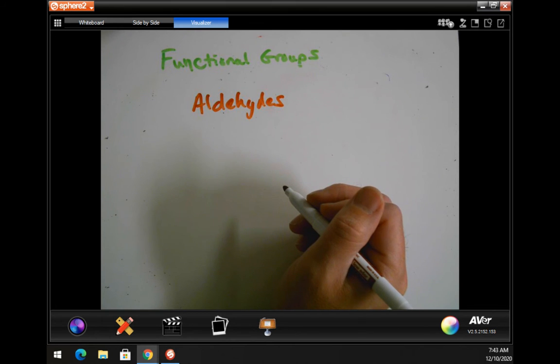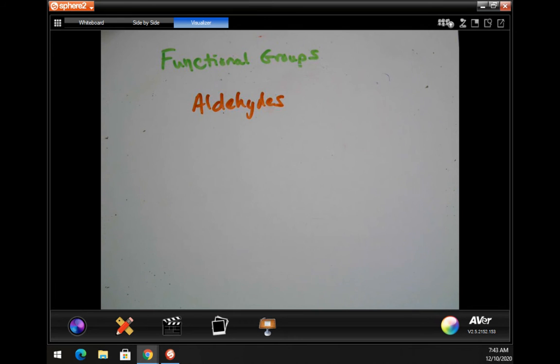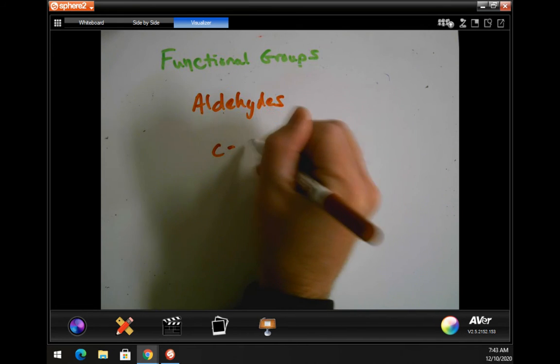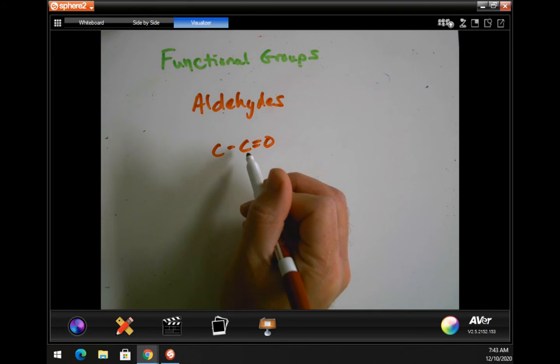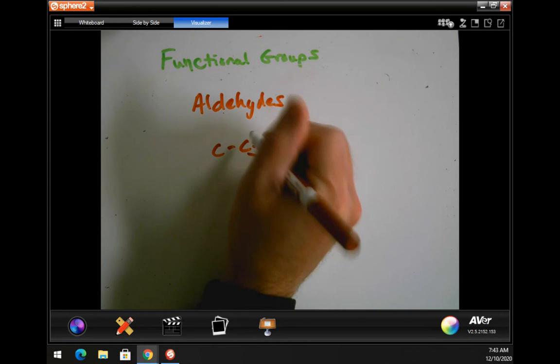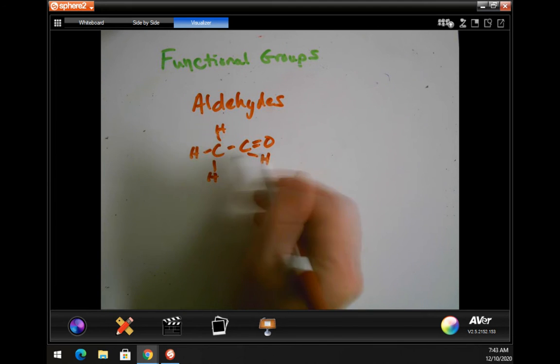Like embalming fluid? Okay. So aldehydes are pretty simple to recognize because what they have on them is a double bonded O, and it has to be on the end. If it's got a double bonded O on the end, it's an aldehyde.